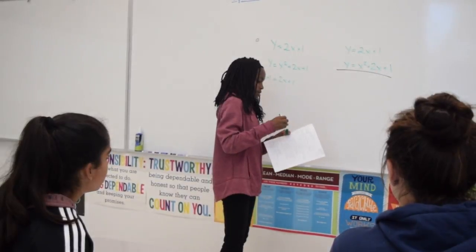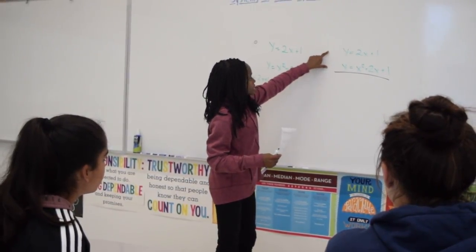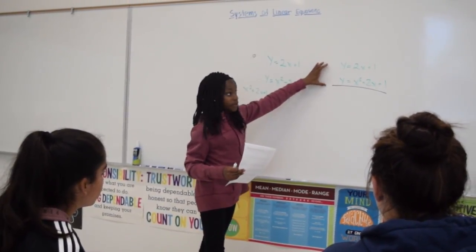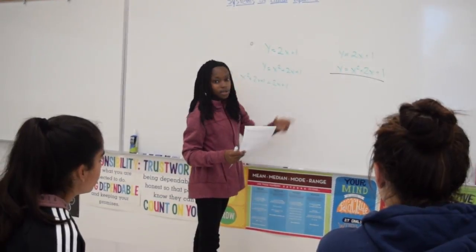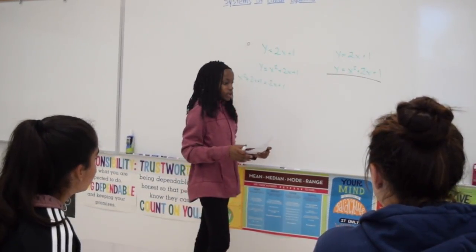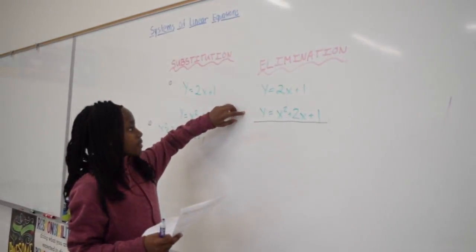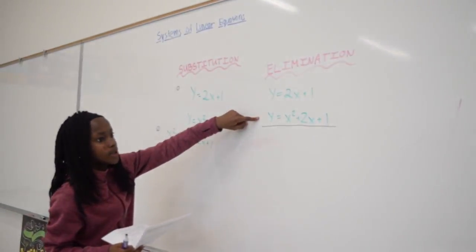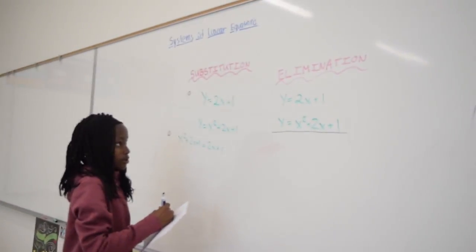To do this, the easiest way for this specific system is to multiply this equation by what? -1. Correct. So, as you both said, multiplying this equation by -1 will help us get opposite-like terms.